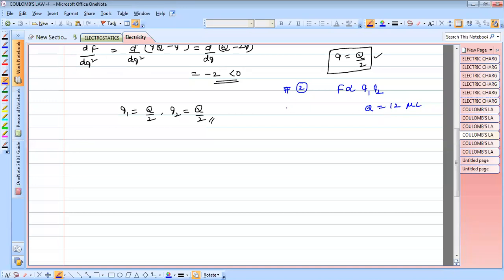How is it splitting? 1 and 11, by the law of conservation of charge; 2 and 10; 3 and 9; 4 and 8; 5 and 7; 6 and 6.